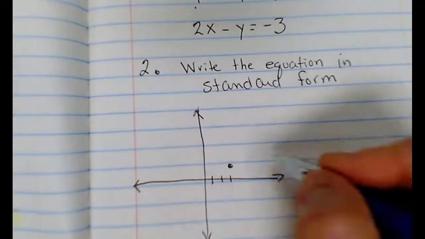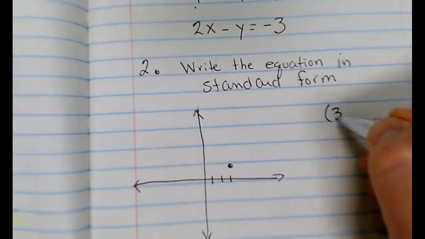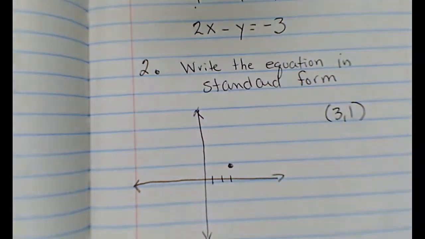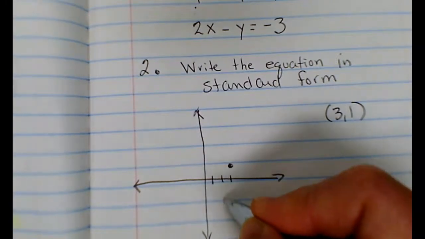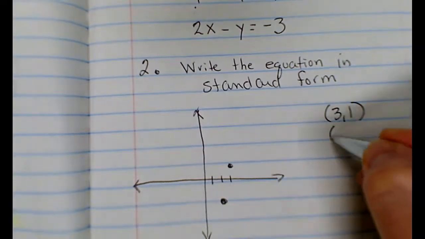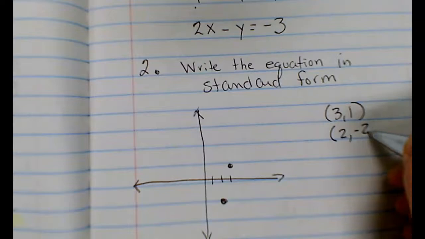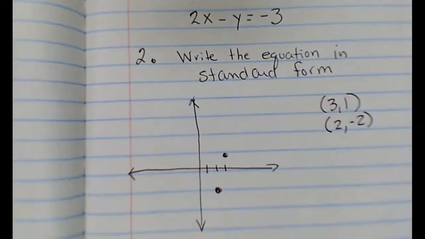This point right here is 3, 1. This point right here is 2, -2.